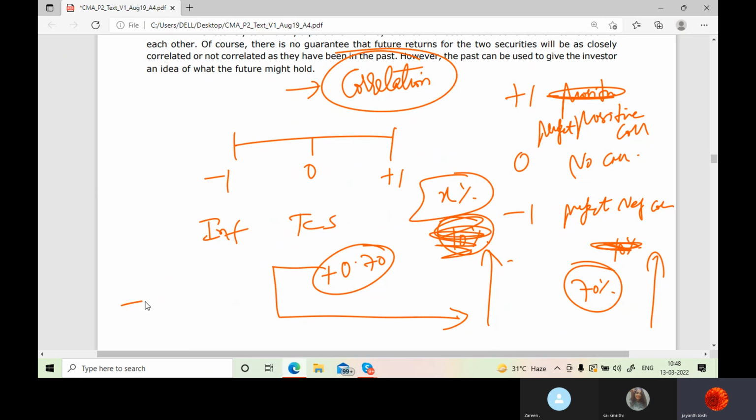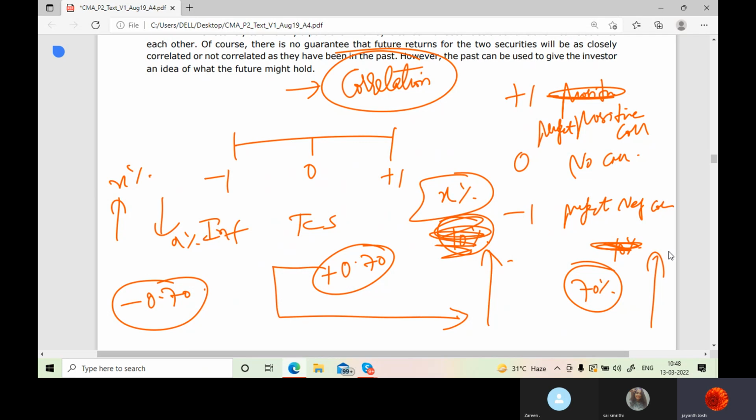Now, if the correlation is -0.70, that means if Infosys stock goes up by some X%, there is a 70% chance that TCS stock would fall by some A%. Because I don't have data here, I cannot calculate and tell you. I have done all this in my video. I'll share the video whereby I have taken the data and done the calculation.